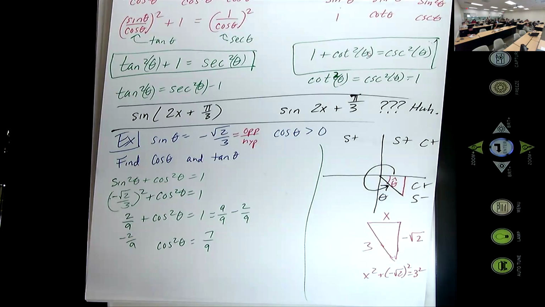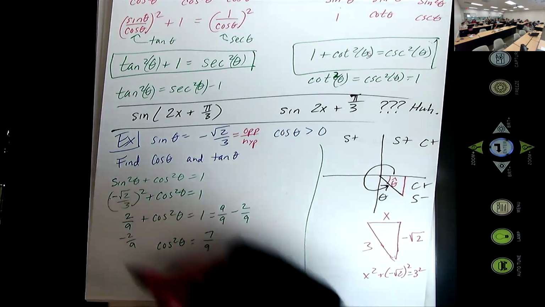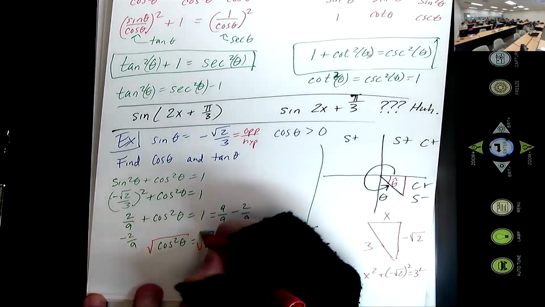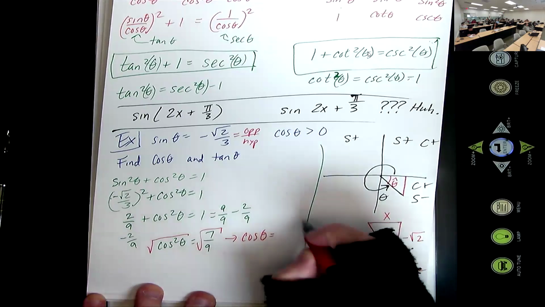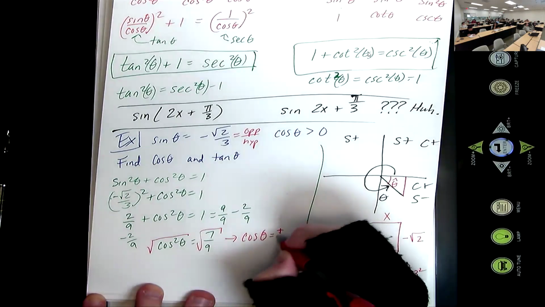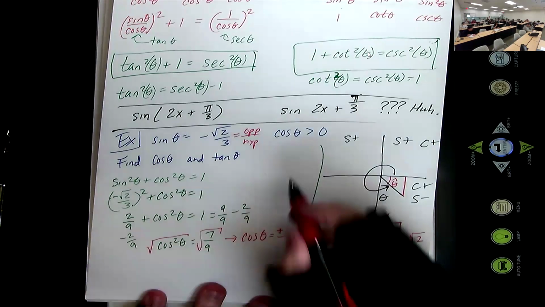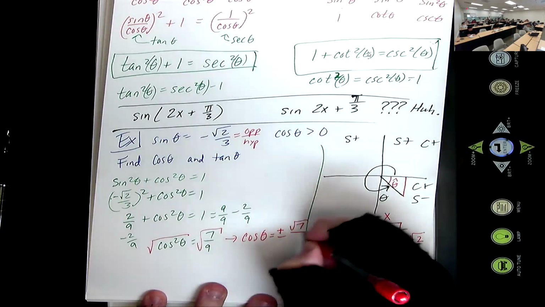We have something squared and we don't want it squared, so we take the square root of both sides. And I get cosine theta equals, there's a plus or a minus when you do square root, square root of 7 over square root of 9.